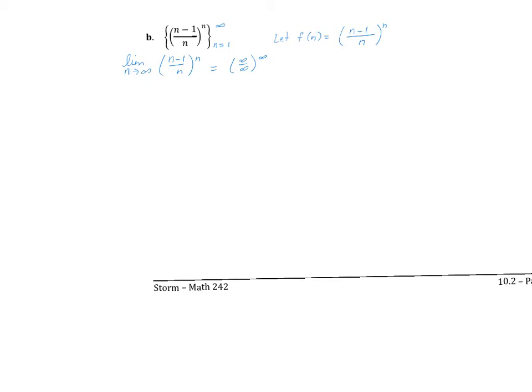So what I'm going to do inside the parentheses is I'm going to go ahead and divide by n, split it up. So it's 1 minus 1 over n to the n power. Now that's 1 to the infinity, still an indeterminate form.